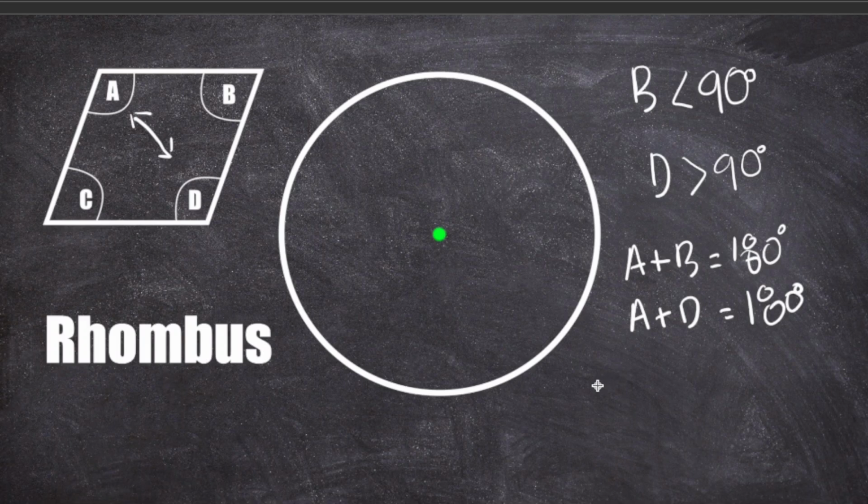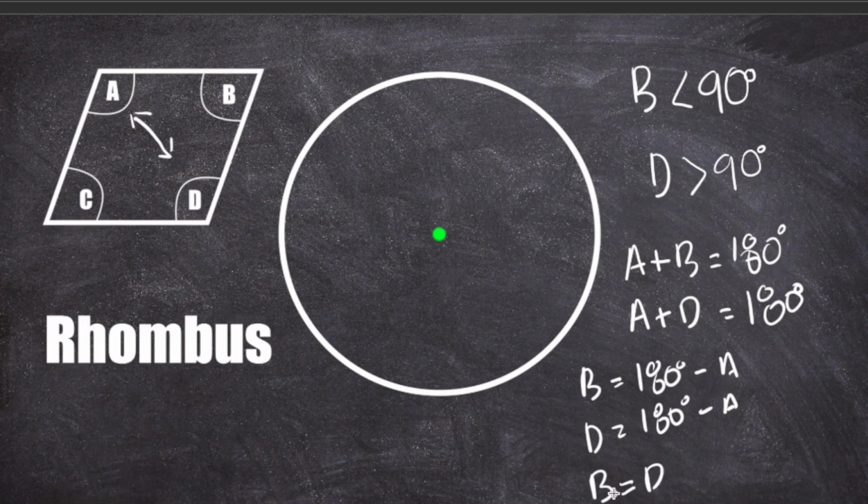Now, if we subtract A from both of these two equations, we will get that B equals 180 degrees minus A, and D equals 180 degrees minus A. And that tells us that B equals D. So if A plus D equals 180, that is, the opposite angles in the rhombus are supplementary and add up to 180, then it means that B equals D. But that can't be right, because earlier we saw that B is less than 90 degrees and D is greater than 90 degrees.